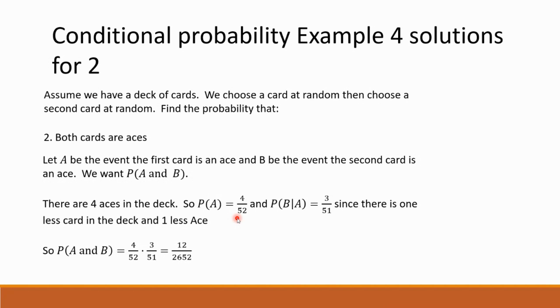So what do we want to do? We want the probability of both A and B occurring. That's what we're looking for. Again, there are 4 aces in the deck, so the probability of A is 4 out of 52.